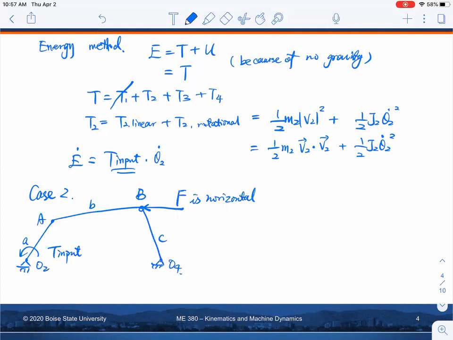So actually in this case, the easiest way to do it is using the energy method, right?